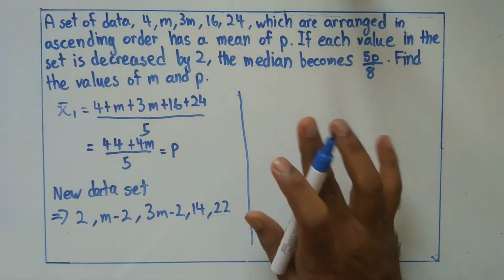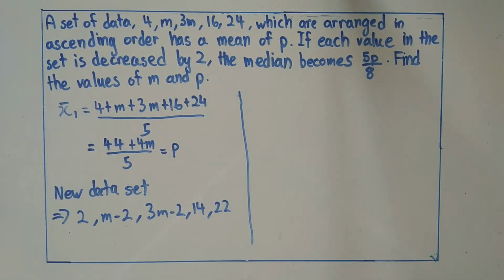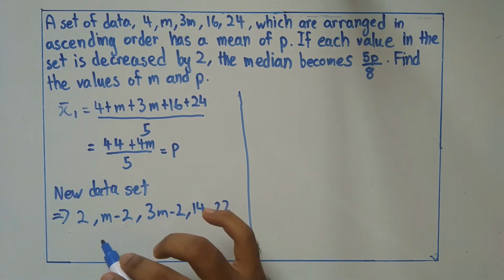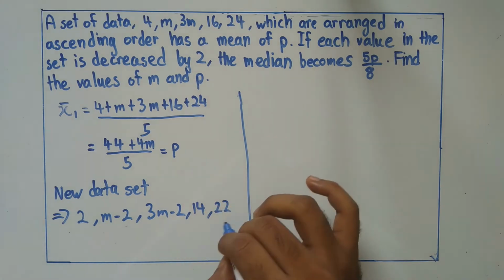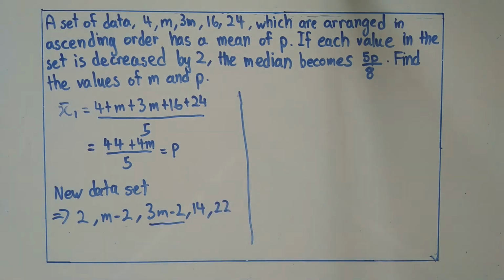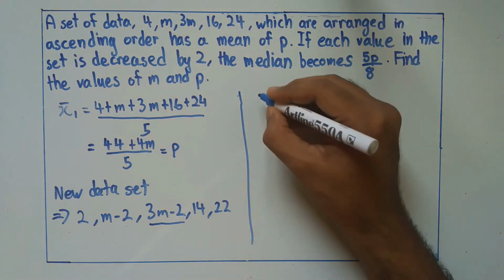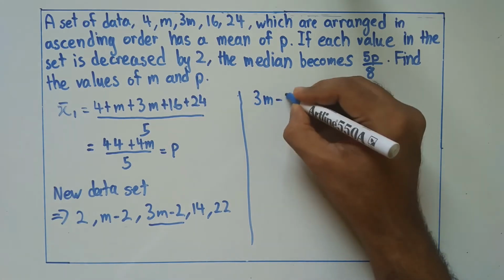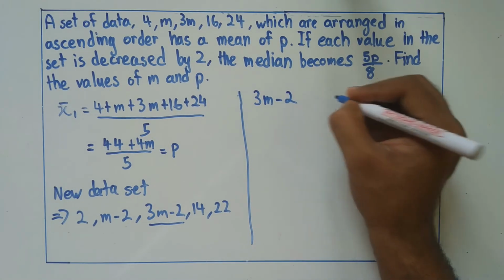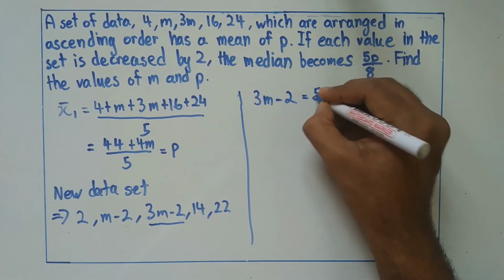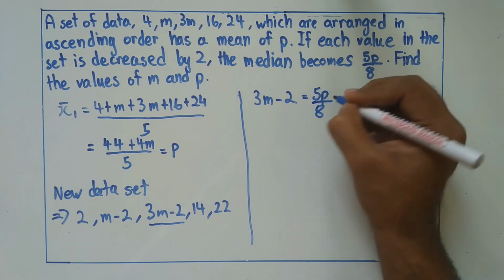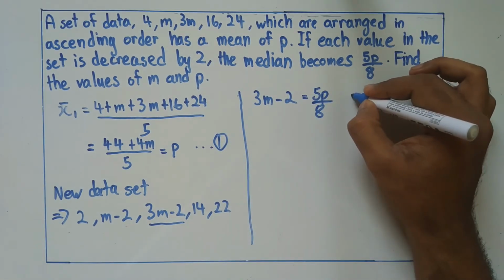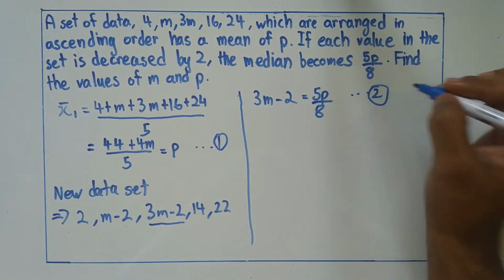The median is the value in the middle of the dataset. In this new dataset, since it is in the ascending order, the median is 3m minus 2. We equate this to another equation. This is the first equation. This is the second equation.